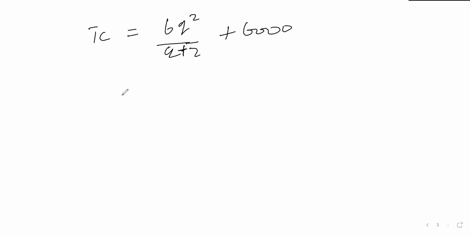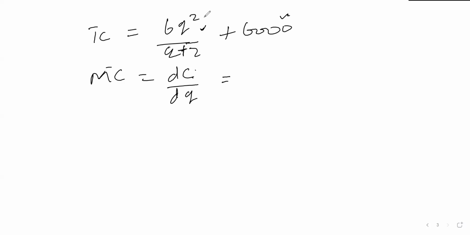Our marginal cost is the derivative of total cost with respect to quantity, dC/dQ. We can see that our C is made up of two terms. This term is a quotient, and this term is a constant. So we apply the quotient rule on this term and the constant rule on the other term to differentiate it.